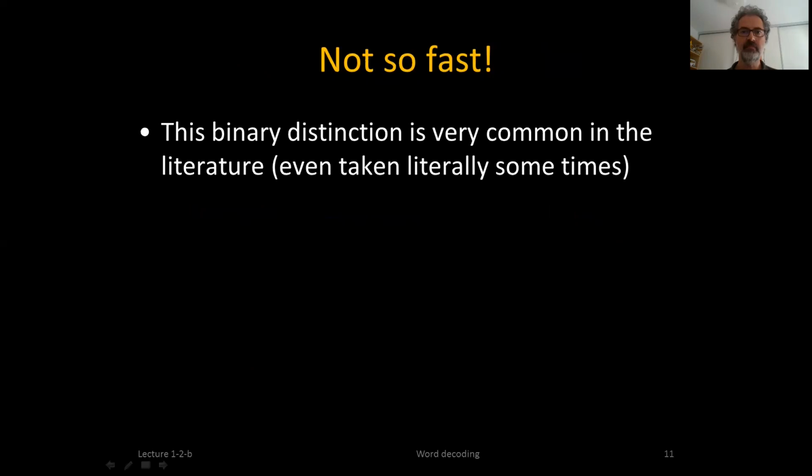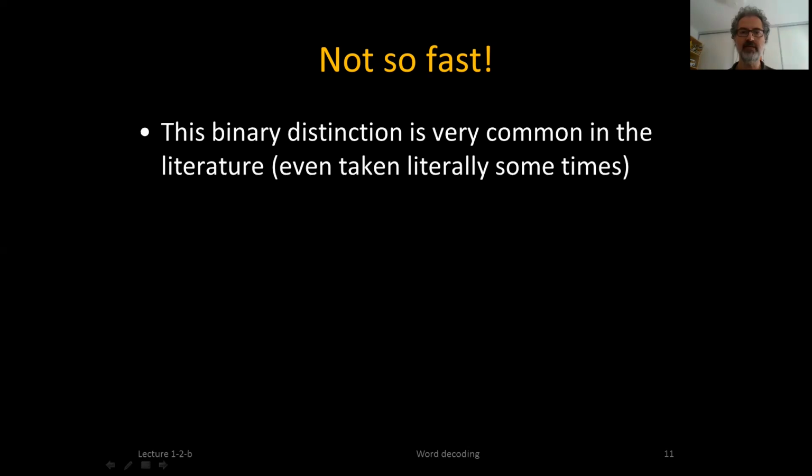It is very common in the literature to see binary distinctions like that. So see things split in two ways. And some people seem to take it very literally, meaning that there is only two ways, not more. And some people also think that these two ways are fundamentally different in how they work, in the processes involved.